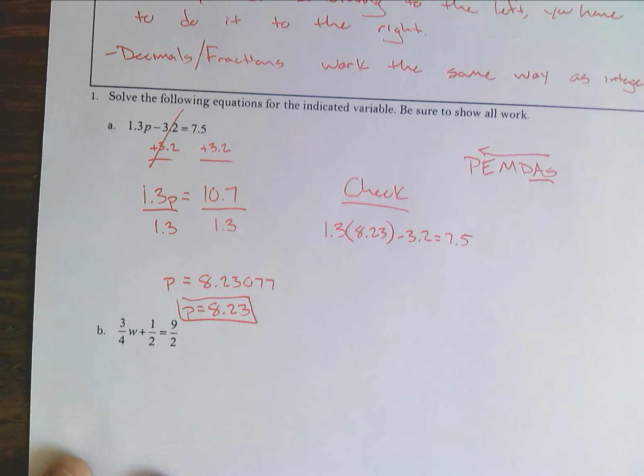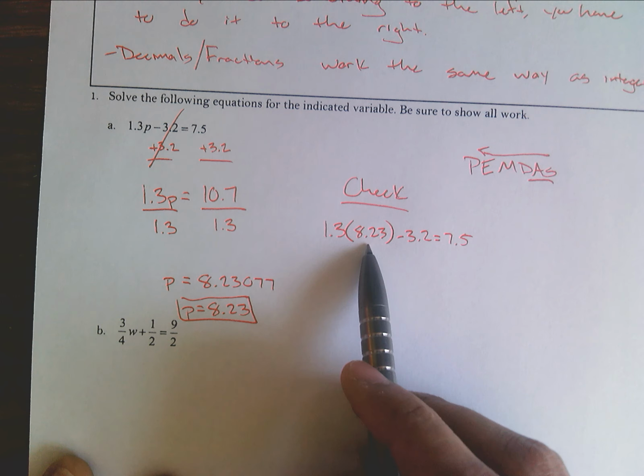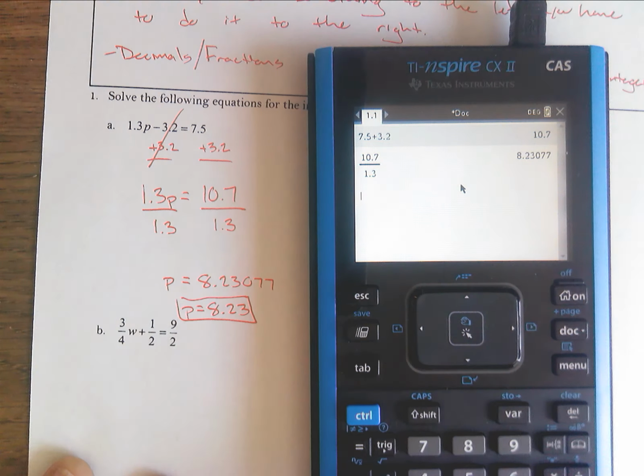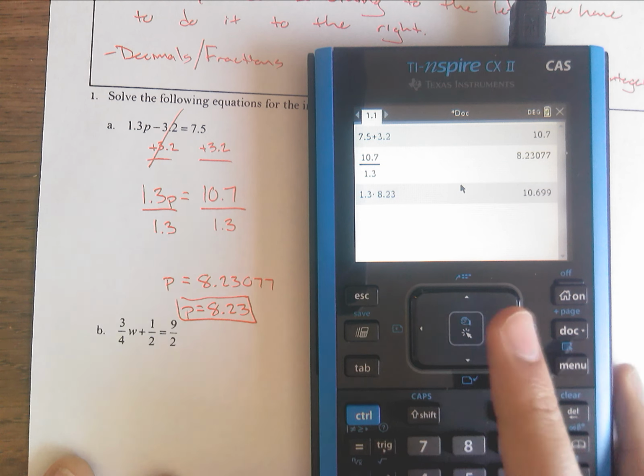So now we can evaluate. Here we have 1.3 times 8.23. Let's go back to our calculator. We have 1.3 times 8.23, and that gives us 10.699.